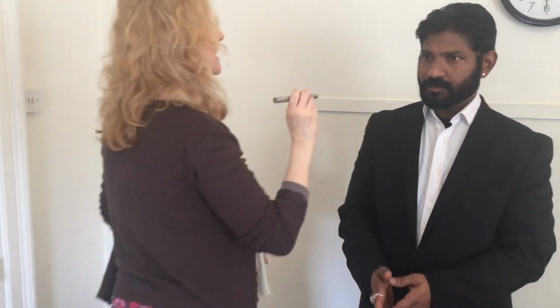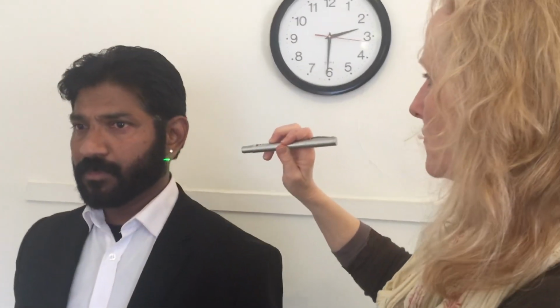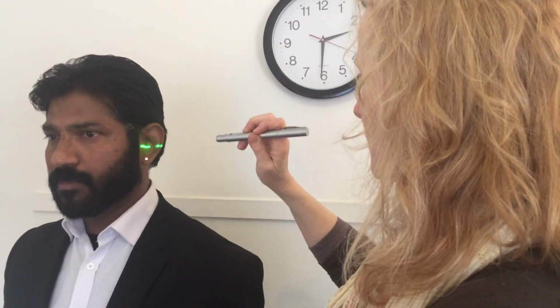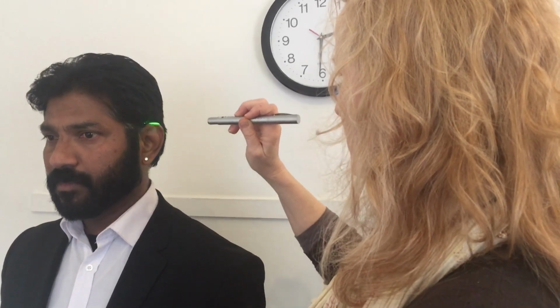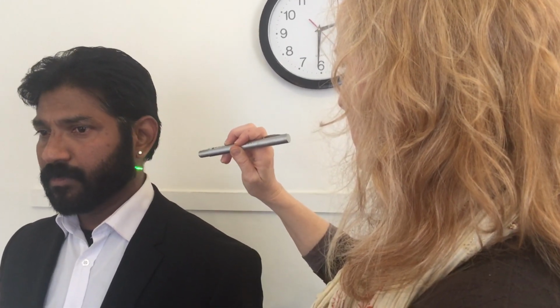And I'm going to go over your ears again because on the ears, of course, you've got acupuncture points that relate to the whole body. And then on the other side. Lovely.